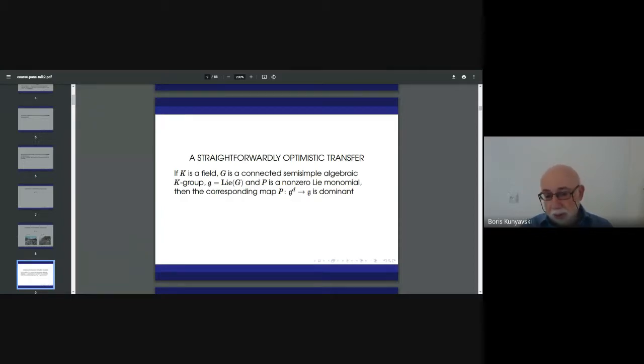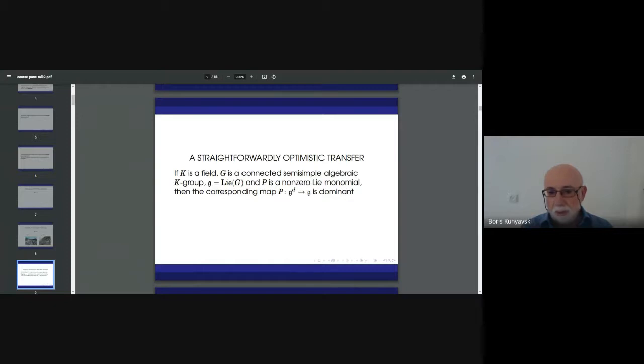I want to emphasize that you have to take into account the laws which are satisfied in any Lie algebras: anti-commutativity, [x, y] = -[y, x], and the Jacobi identity.